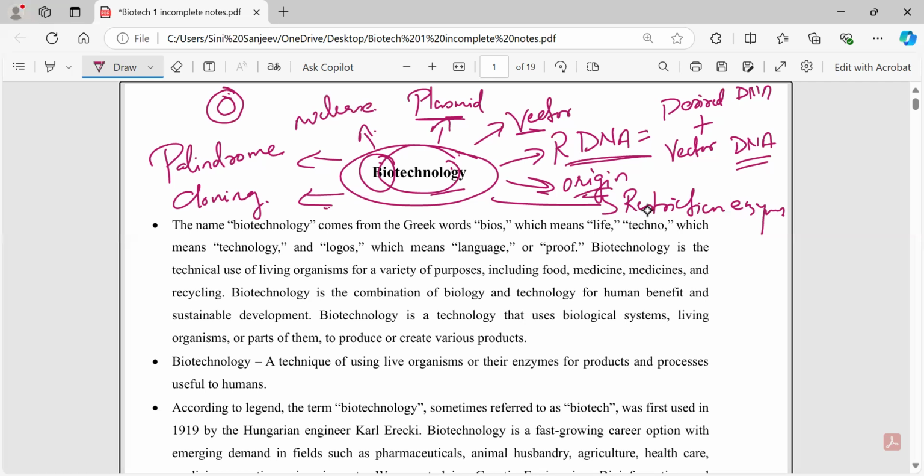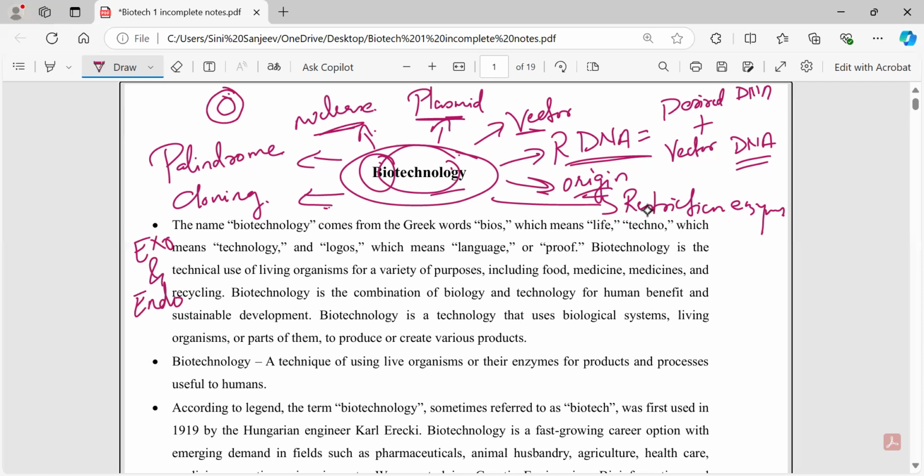Next you have the nucleases. These are actually enzymes. You have basically two types: exonuclease and endonuclease. Exo and endo, the basic meaning you already know. This nuclease enzyme deals with the cutting of nucleotides.